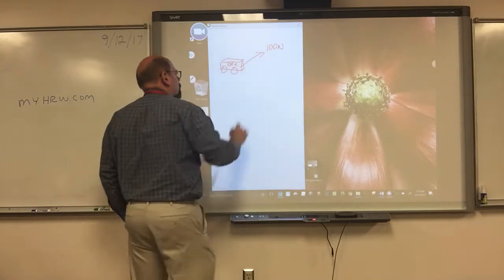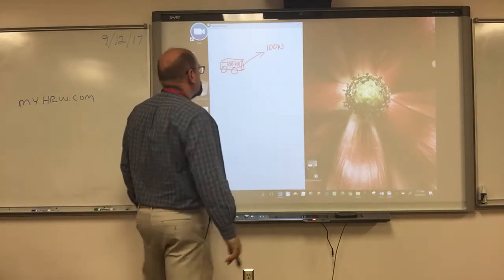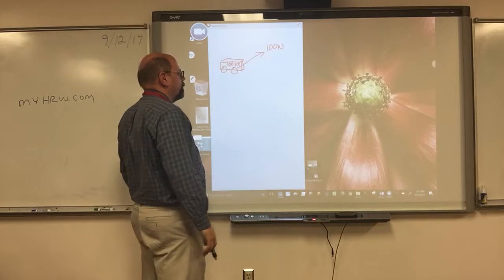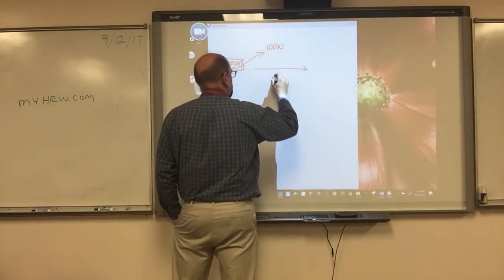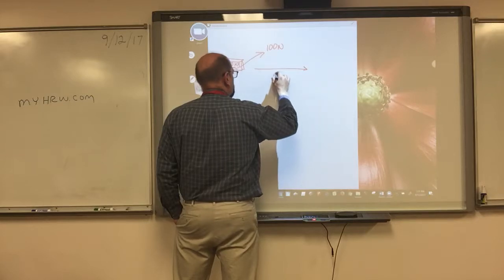That's a pretty heavy wagon. Okay, and if I apply that 100 Newton force and we go down the road 50 meters.